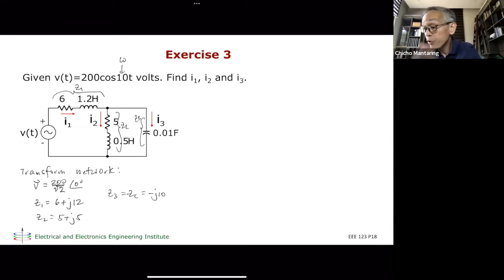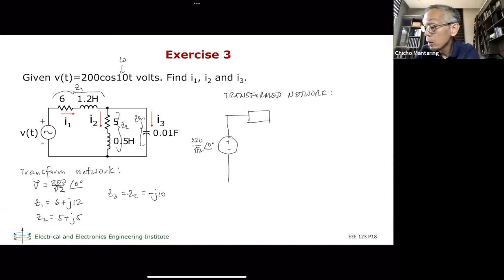Okay. So my transformed network, I'm going to have a source here. This is 220 over the square root of 2 at an angle of 0 degrees.